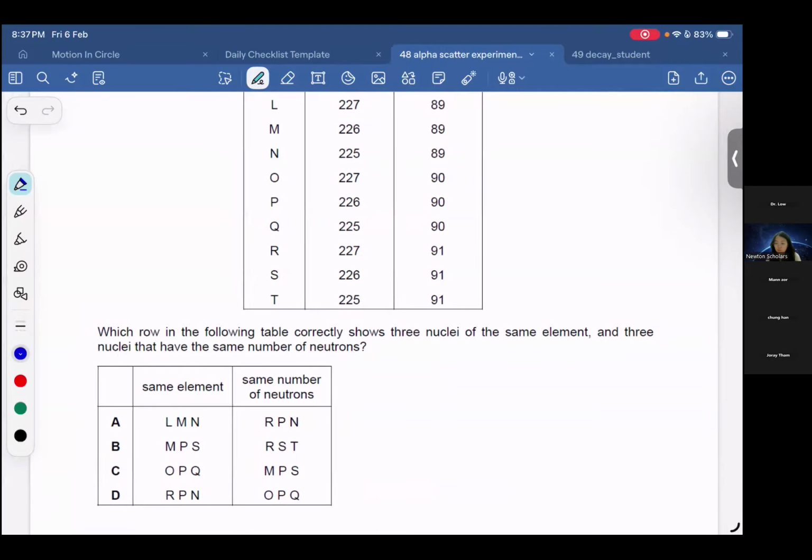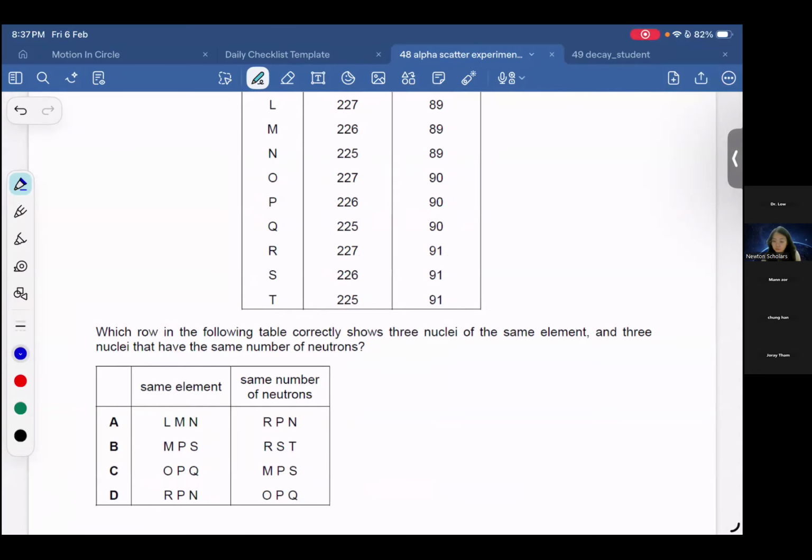Okay, count. I didn't count. I need to count by myself. Okay, Fatima, yes. Let me count. I also need to count.